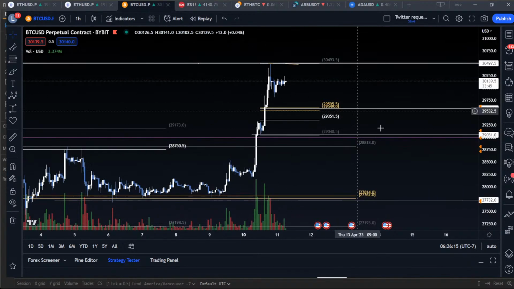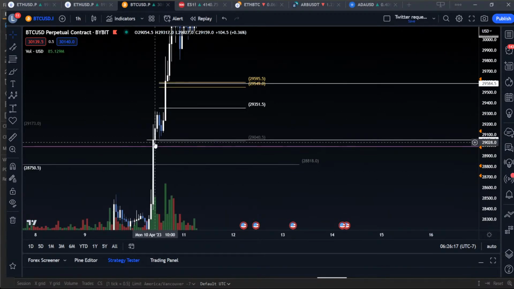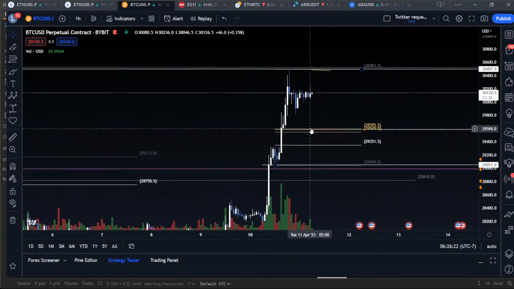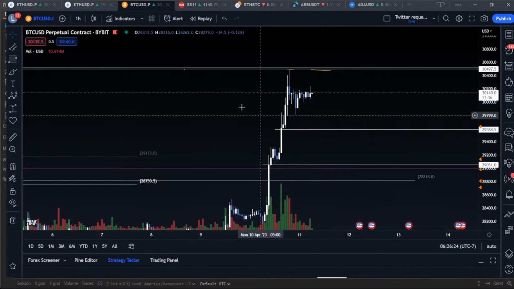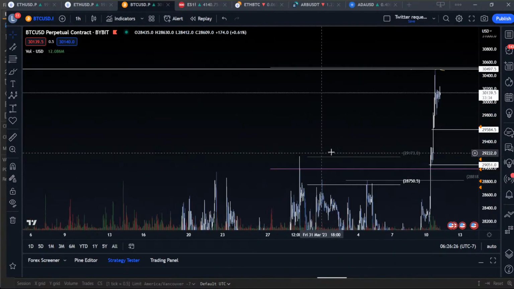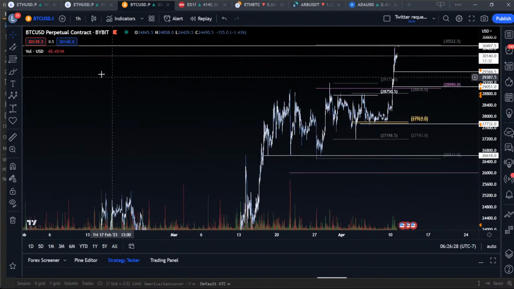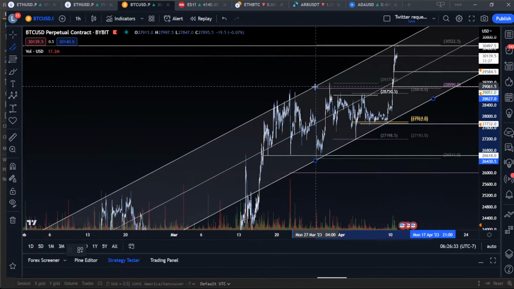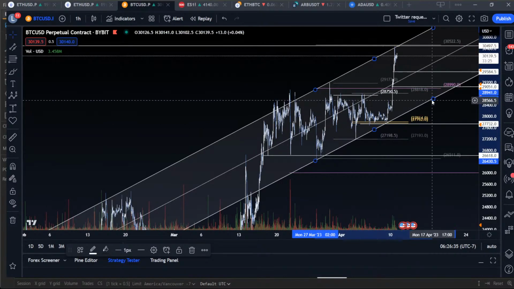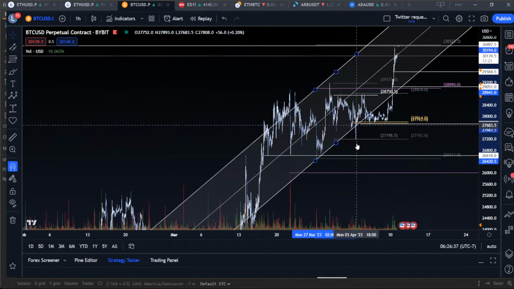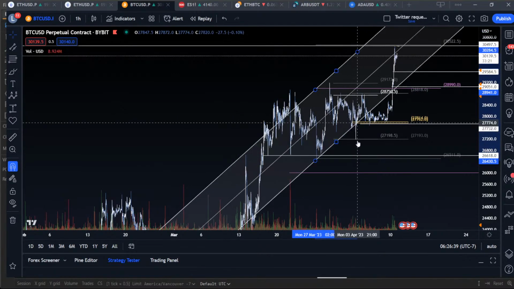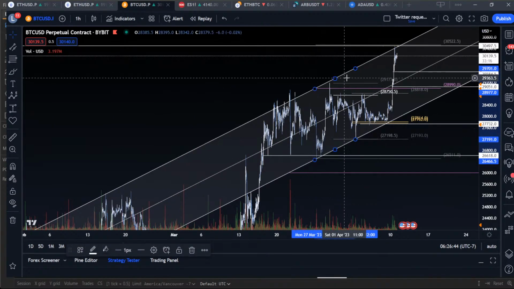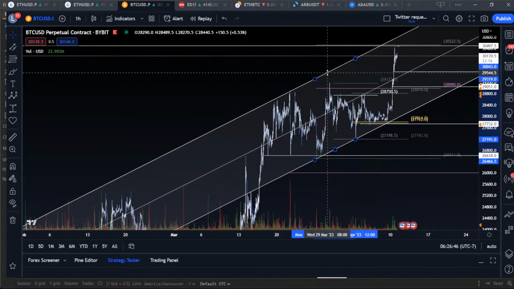Obviously, if there's local structure, something like this to sweep, that's a nice confluence. So anyways, I'm curious to see what happens over the next 5 minutes here.